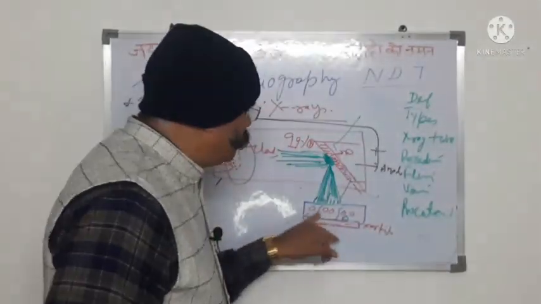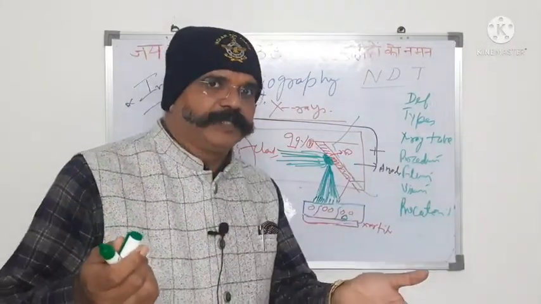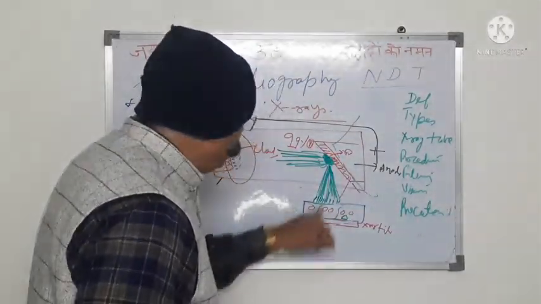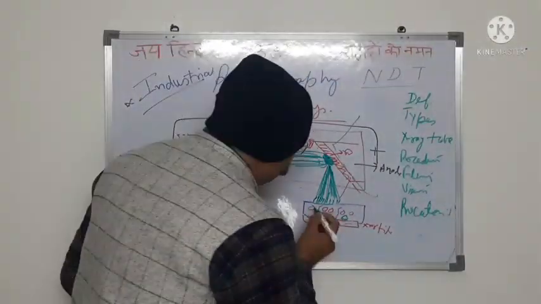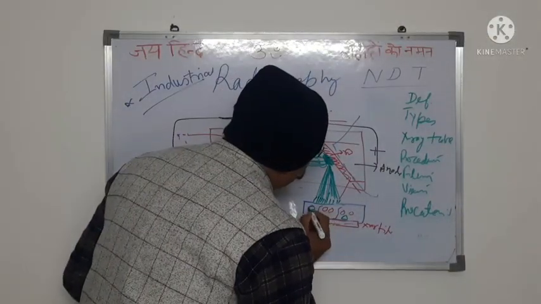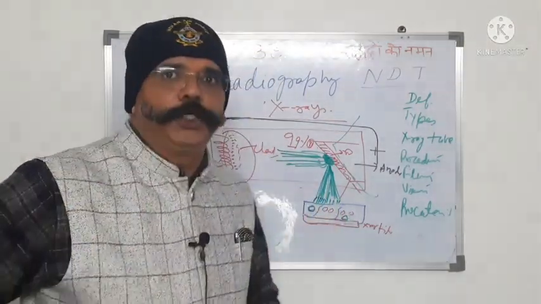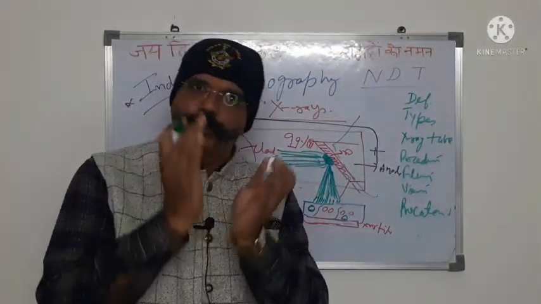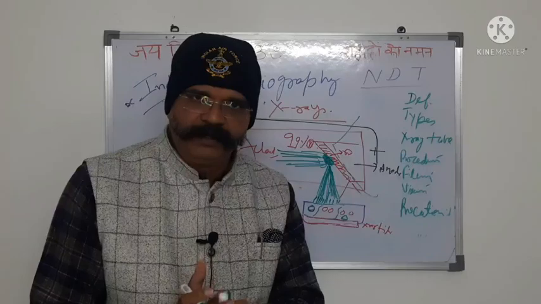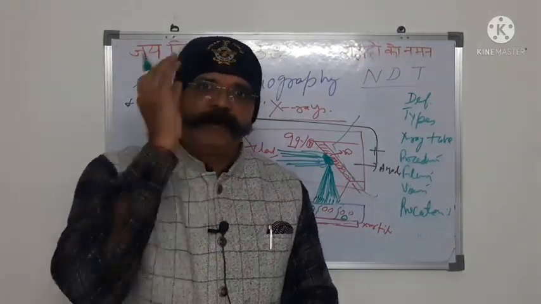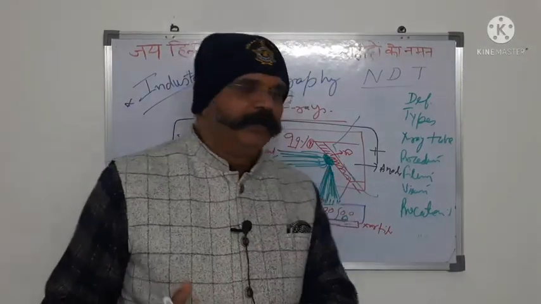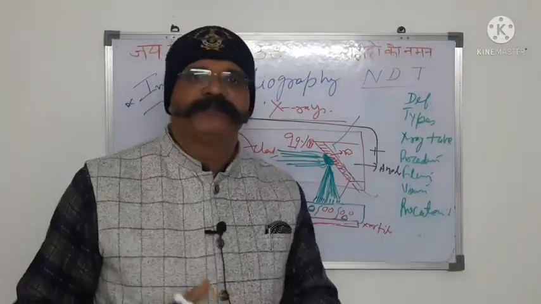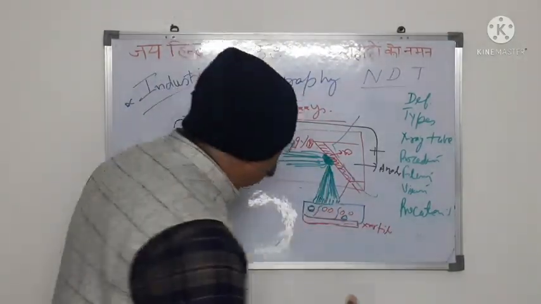First, let us see what happens when the X-rays are falling over an object. When these X-rays are falling, what exactly happens? Places where less material is there due to some defect, due to holes, due to cracks, or due to the availability of some foreign material whose density is not exactly equal to the base material, what will happen?